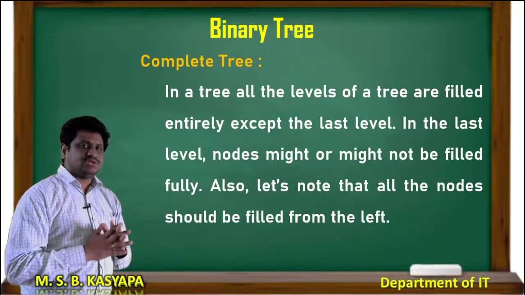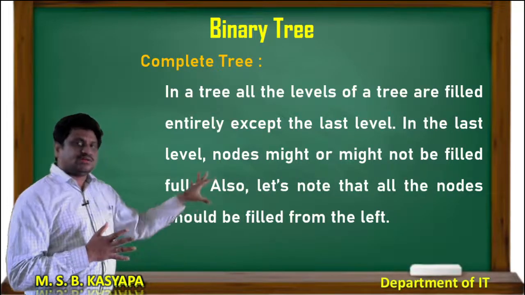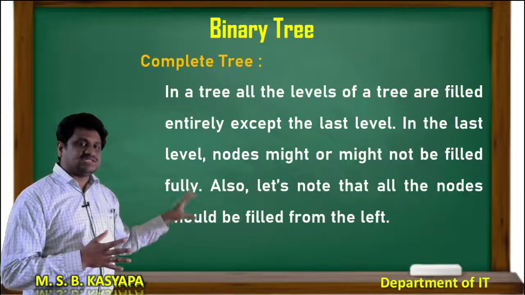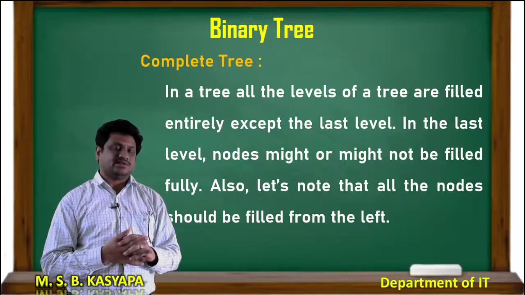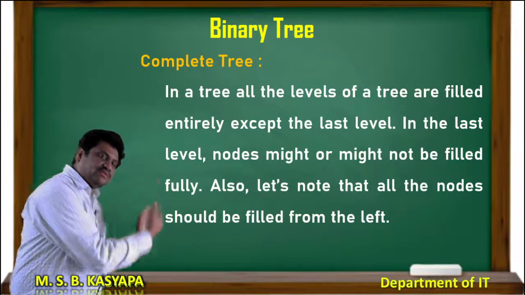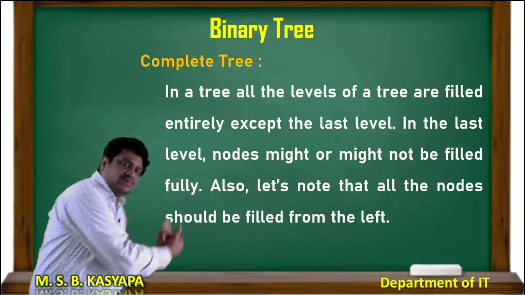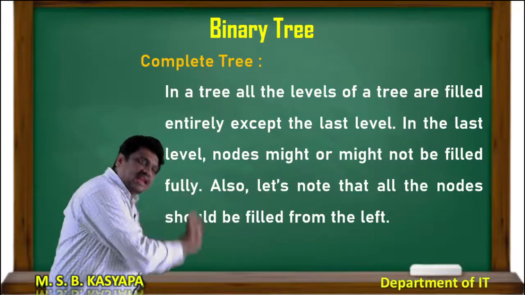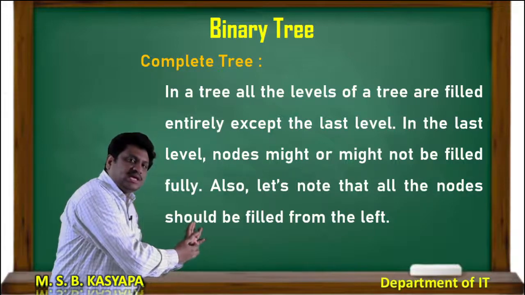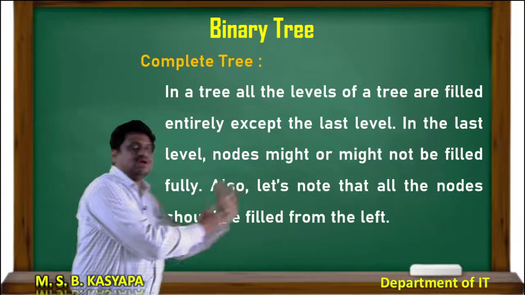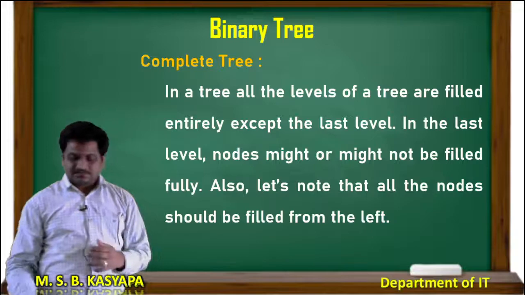Suppose I have a tree with the left level being 2 and the right level being 3. Then I cannot say it is a complete tree, because I have to fill from left to right. So the left level must be greater than or equal to the right side level. Okay.